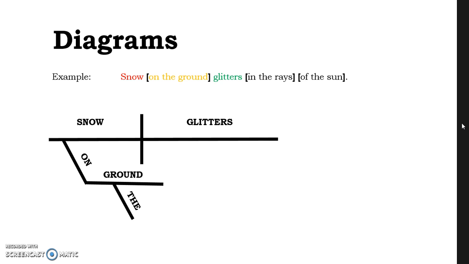It glitters in the rays. So we see that it's an adverb phrase, and we want to put it on one of these prepositional phrase structures beneath the verb. Draw our descending diagonal, our horizontal line, put the preposition on the diagonal, and the object of the preposition on the horizontal line.